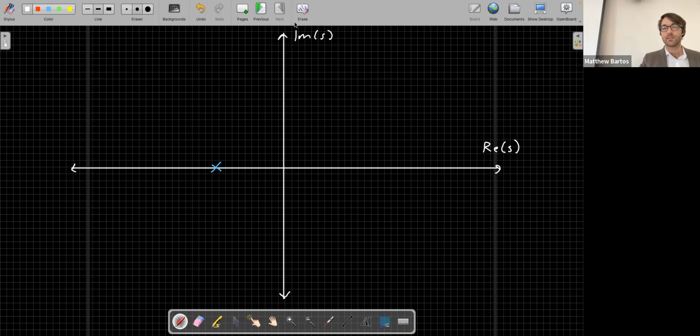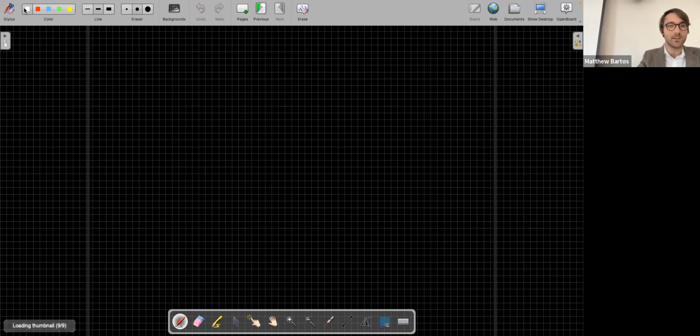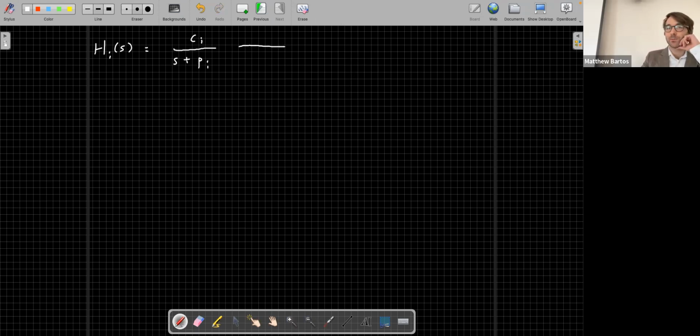So let me just help you out here. If we have a pole on the negative real axis, the transfer function corresponding to that pole will be of the form something like, let's just write it as Ci over s plus Pi. Right. Okay, what does that become if we apply the inverse Laplace transform?